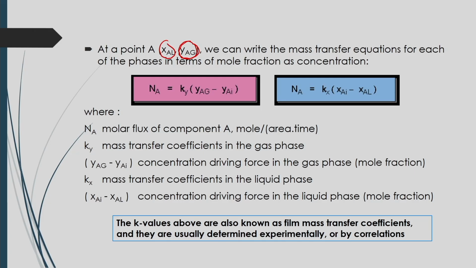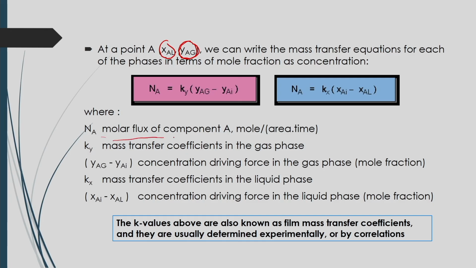Then we can write the mass transfer equations for each of the phases in terms of mole fraction as concentration like this: Na is equal to Ky into (Yag minus Yai), and Na is equal to Kx into (Xai minus Xal). Here, for a particular phase we are considering the concentration difference of the bulk phase from its interface concentration.